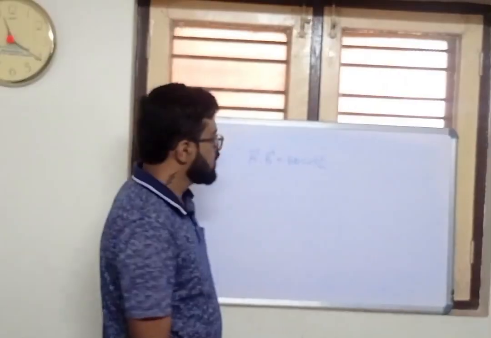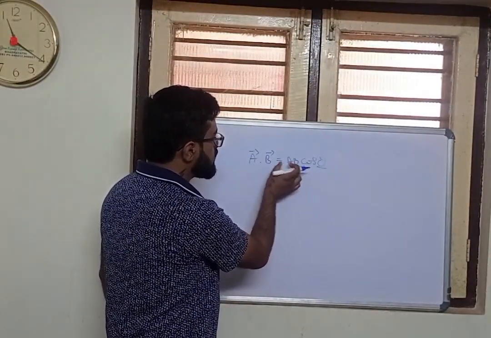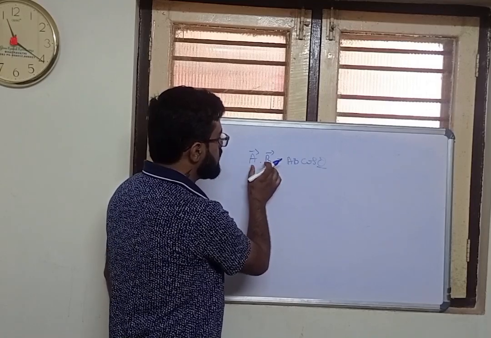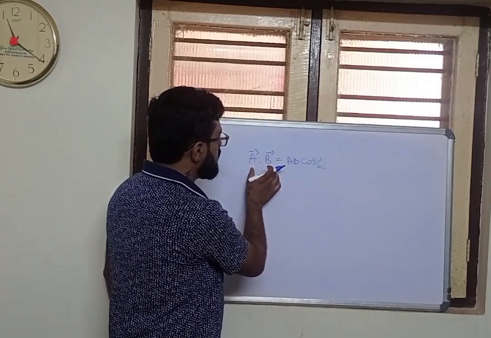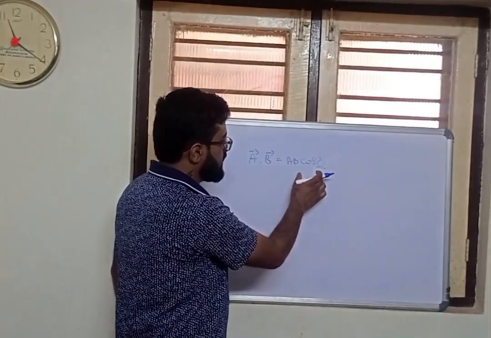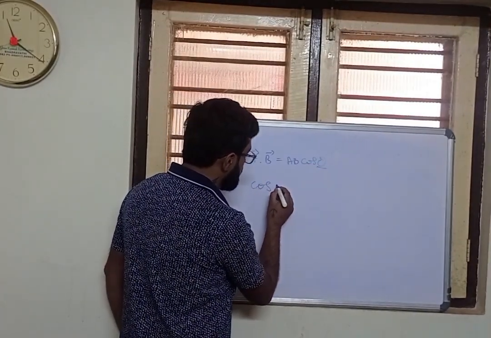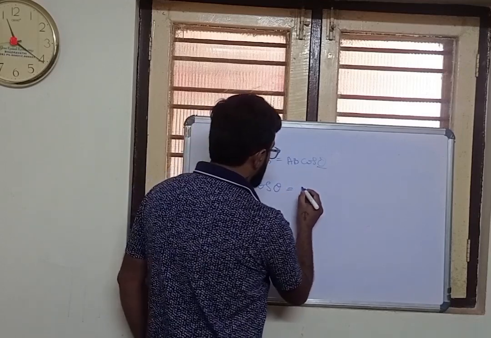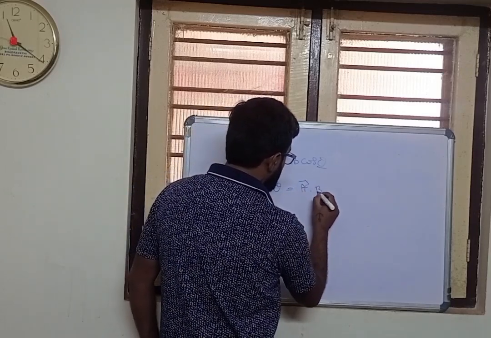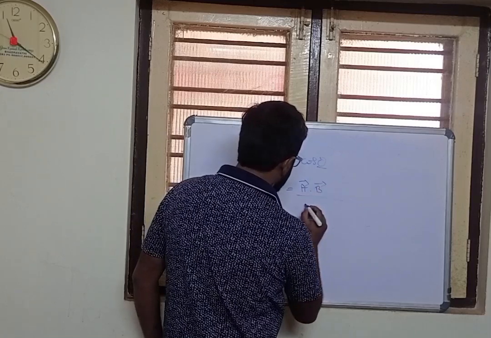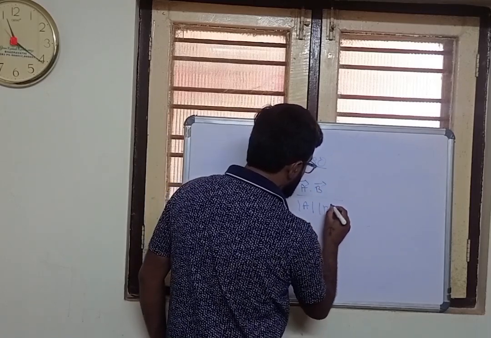So what I do, I take this magnitude on the left hand side, or I'll take vector A dot vector B on this side. It will be cos of theta equals A dot B divided by magnitude of A and magnitude of B.